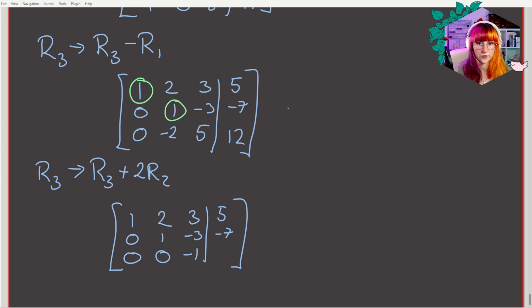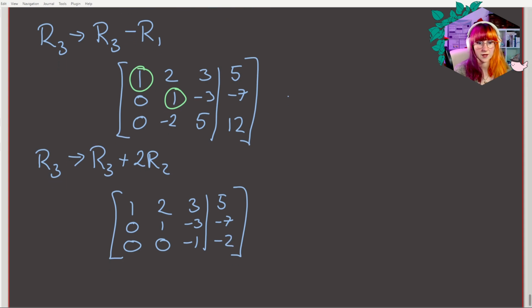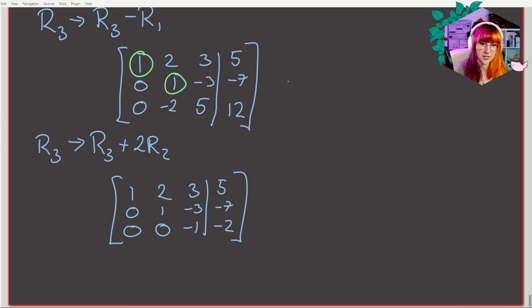And then 12, add 2 lots of minus 7, so you get minus 14, so you end up with minus 2. Okay, now we need to find a leading one, so it's not there yet, it's currently minus 1. So the only thing that's left to do is R3 goes to minus R3.